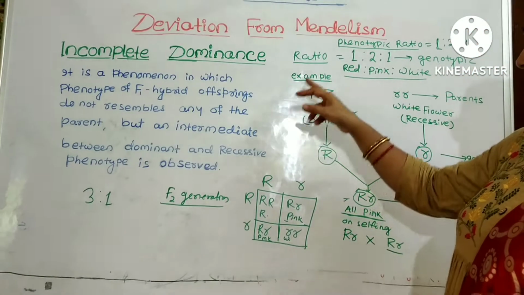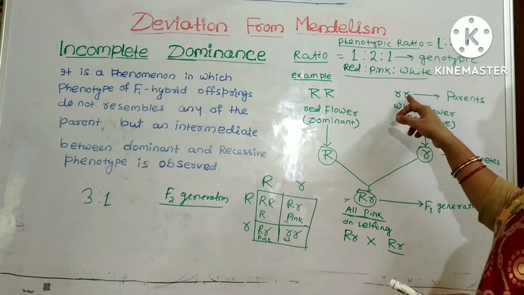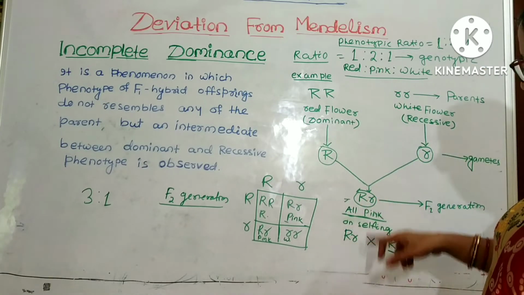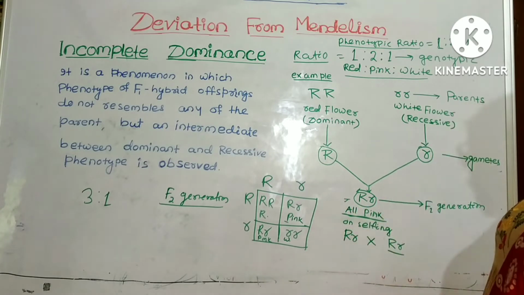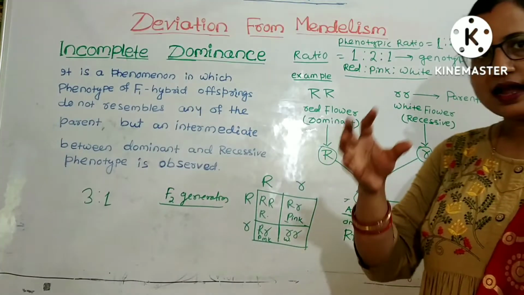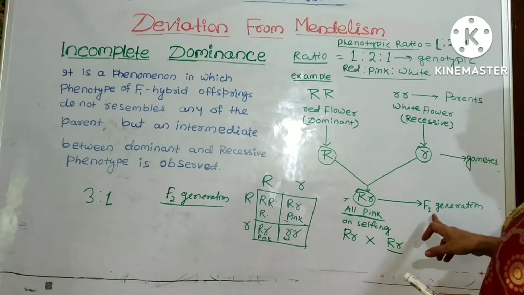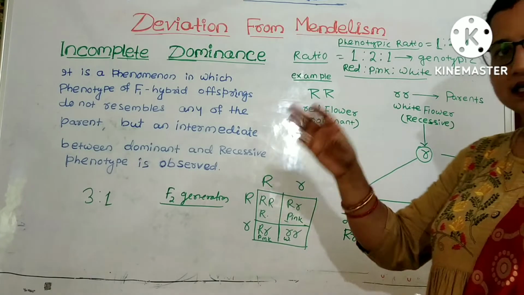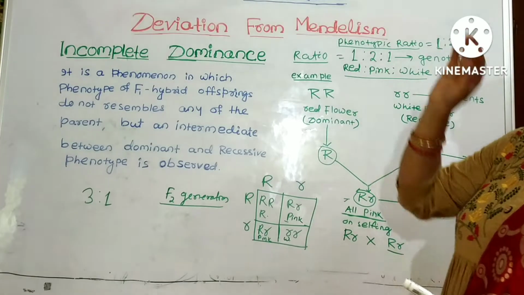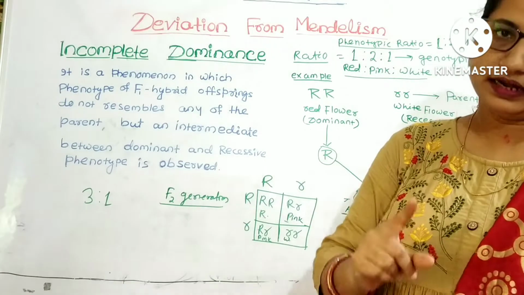Red flower represents the genotype capital R, and white flower represents small r. In the F1 generation, we get capital R small r, which is pink in color, except red. But according to Mendel's law of dominance, in the F1 generation always the dominant character is expressed. So, incomplete dominance is a deviation of Mendelism.